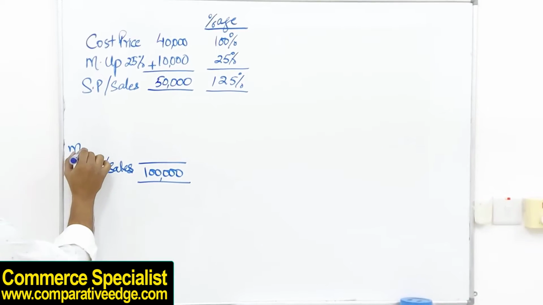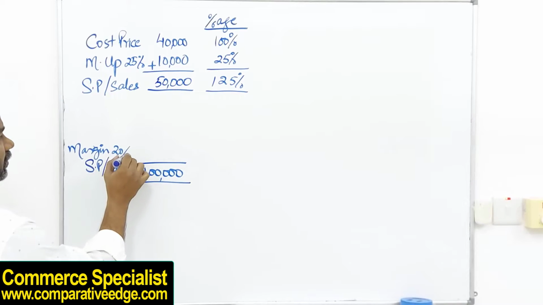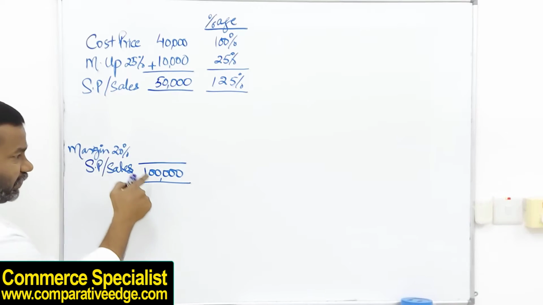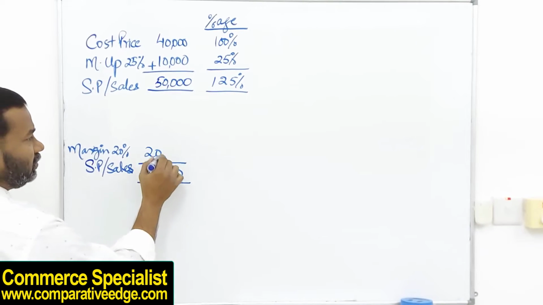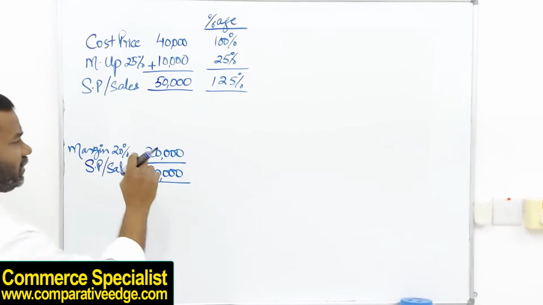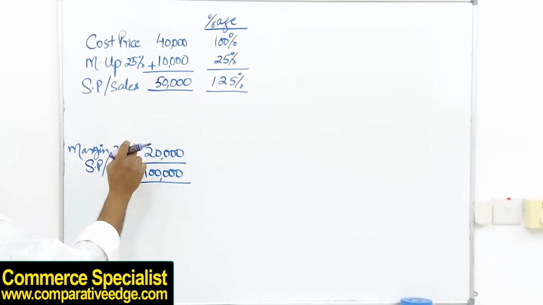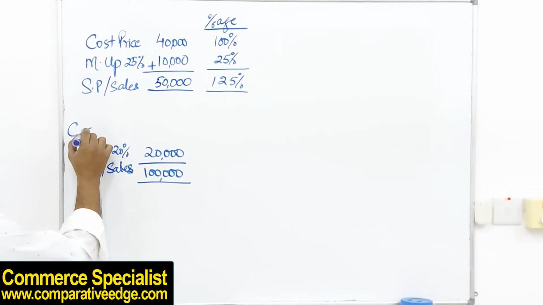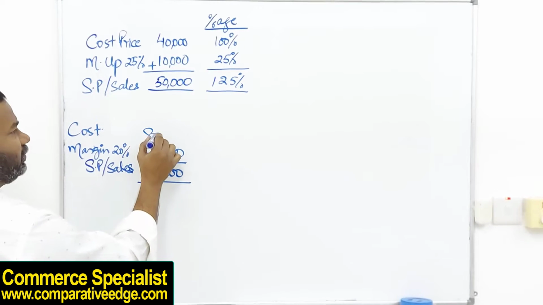If your margin, which is actually gross profit, is 20%, 20% of sales, which is 20,000, and obviously from sales, when you minus gross profit, which is margin, you will get cost of goods sold, 80,000.